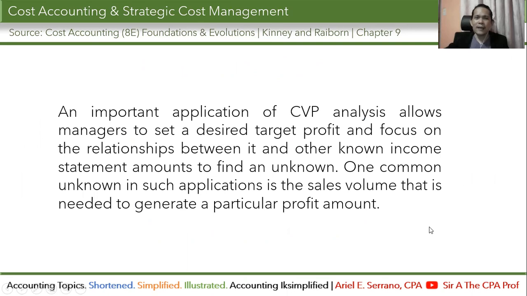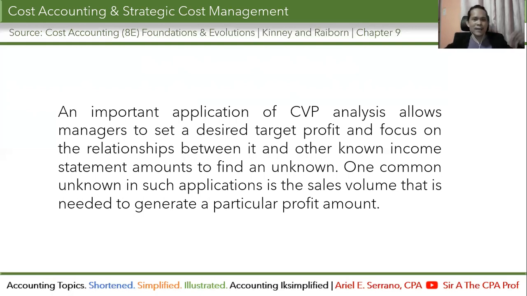Now, an important application of the CVP analysis allows manager to set a desired target profit and focus on the relationships between it and other known income statement amounts to find an unknown. Okay? So based on the available, parang sabi ko nga minsan pag nag-explain ako, parang nagsusudoko lang tayo based on the given available information.